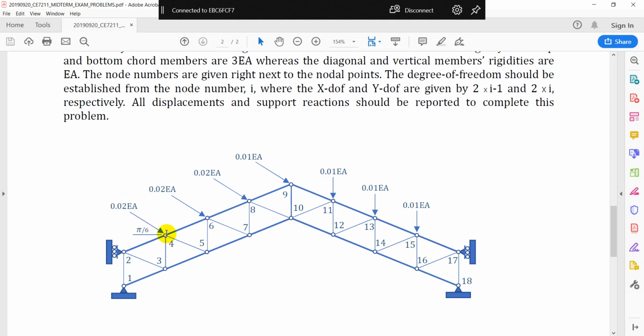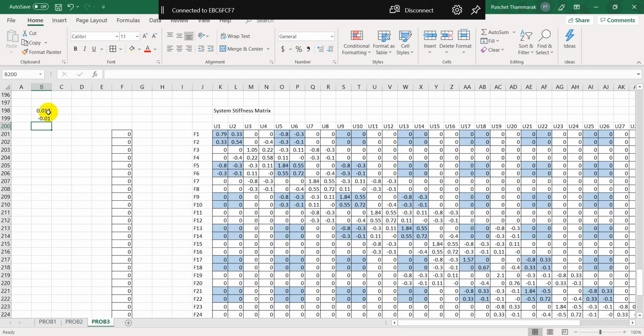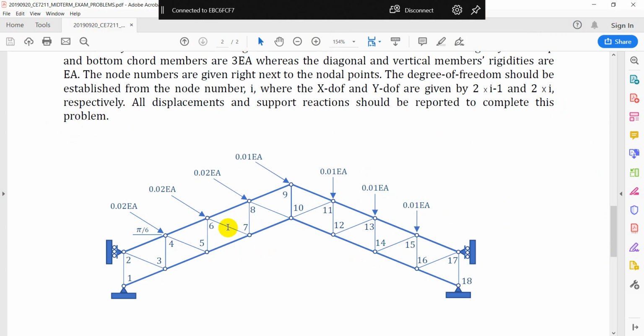So 7/8, this is horizontal and vertical. You have 7/8. What else? 11/12.